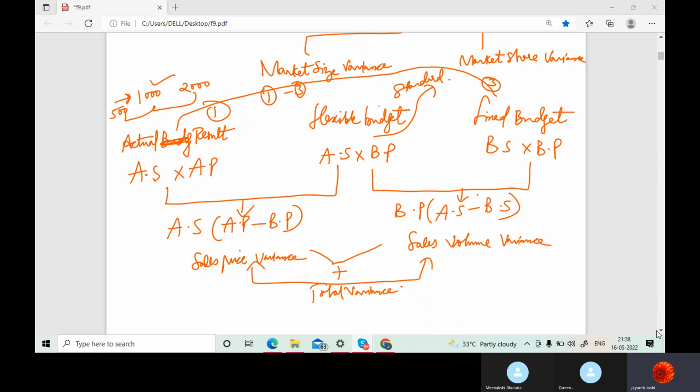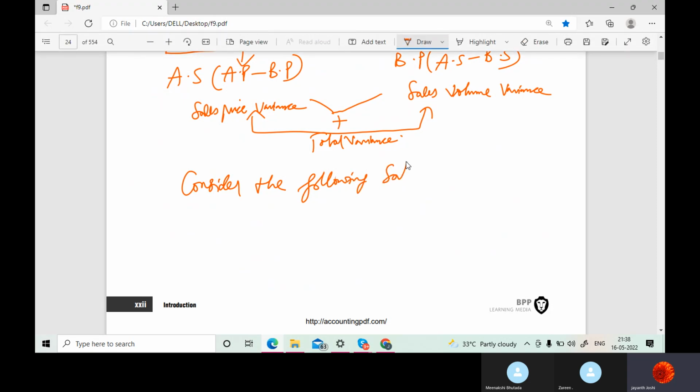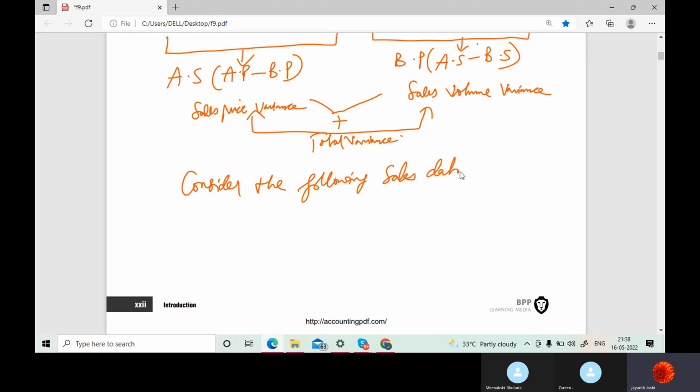Okay, now I'm writing a question, solve that and tell me the answers. Consider the following sales data for G Max company.